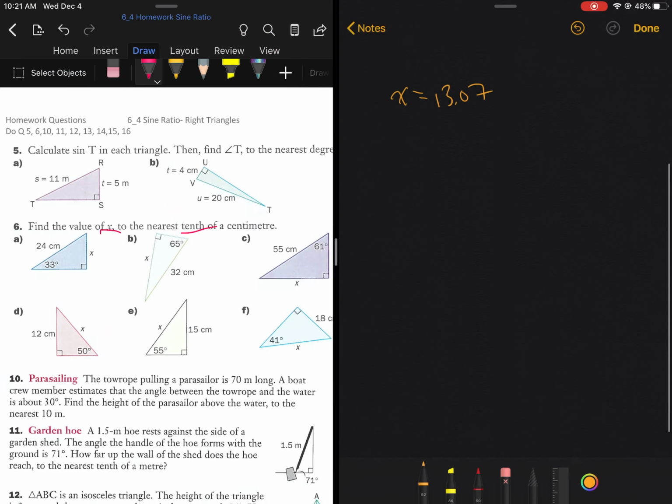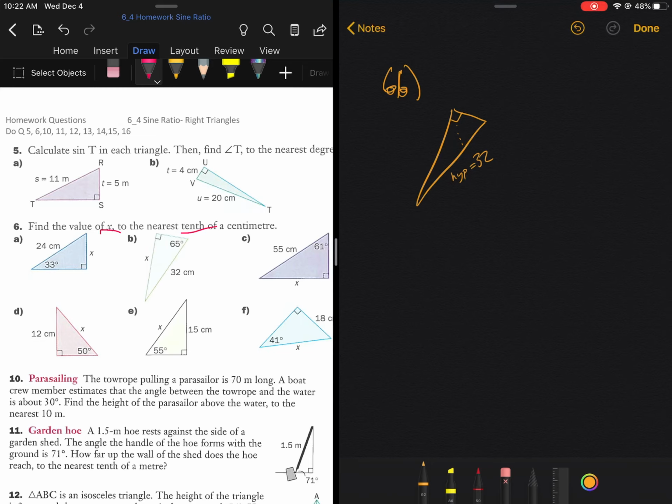That was for 6a. Now let's move on to 6b. My 6 and b's look exactly the same. Now I have a triangle. That's a 90-degree angle. My hypotenuse is equal to 32.